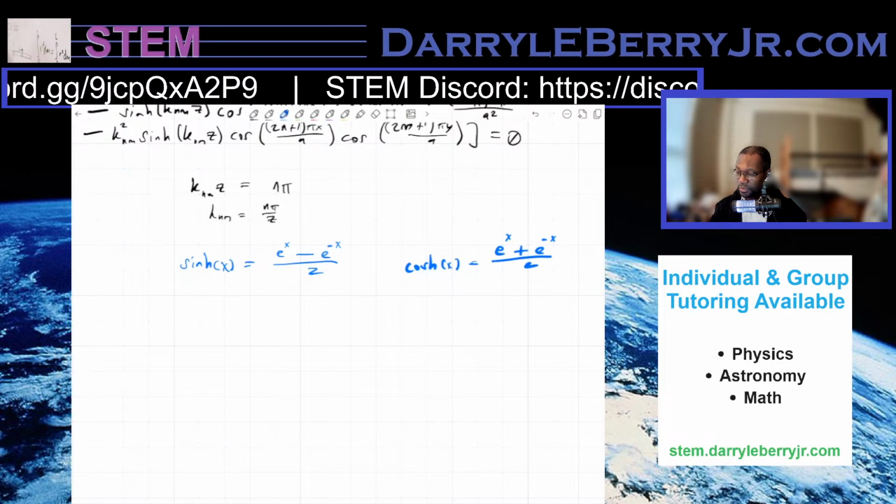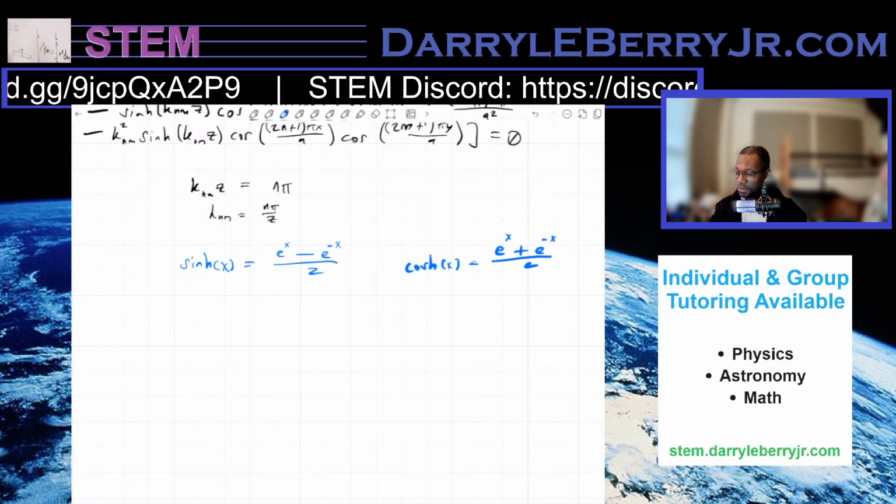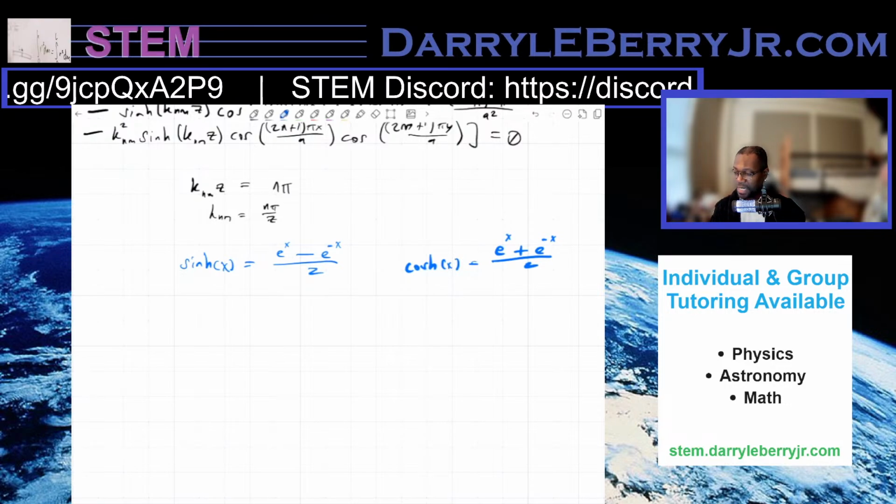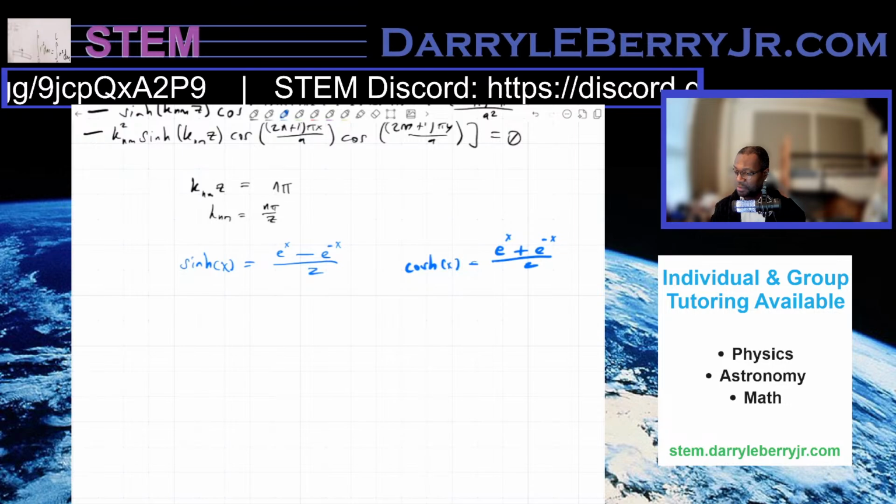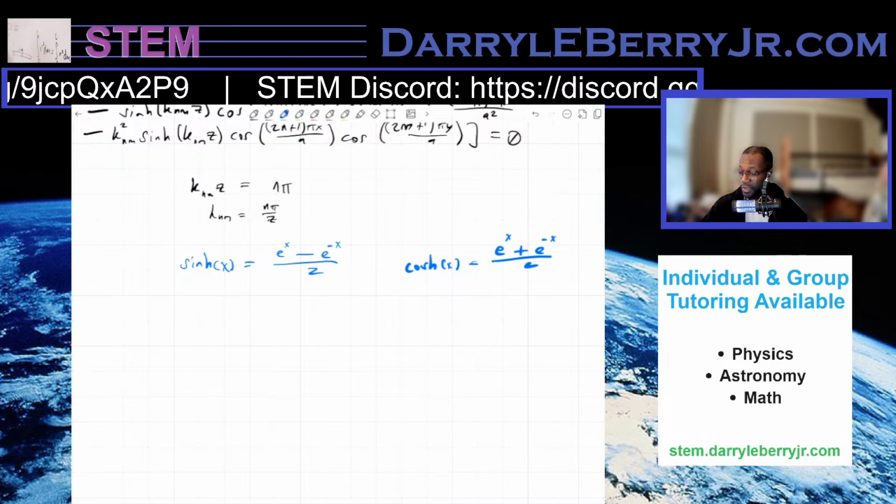Currently, hanging cables make a hyperbolic curve, like a hanging cable makes a hyperbolic cosine curve. That's interesting.